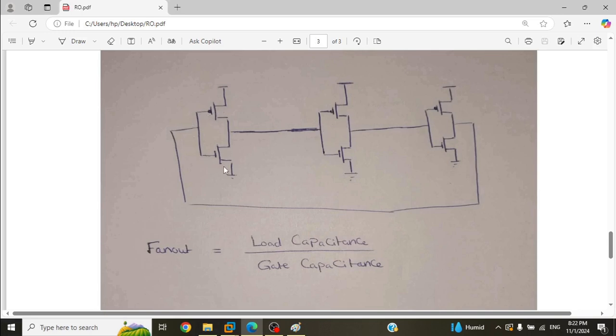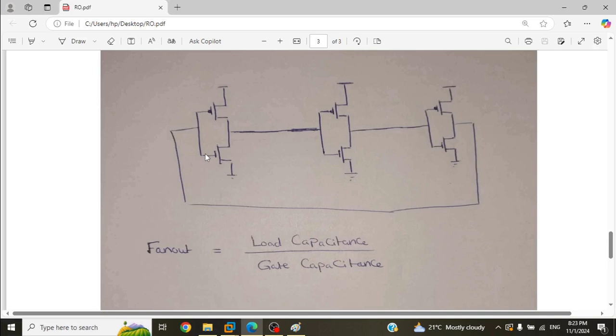So it has a fan out of 1. If we increase the width of this device, nothing will change. The delay is the same, the frequency is the same, because we increase the current and we increase the capacitance as well, two opposing effects.